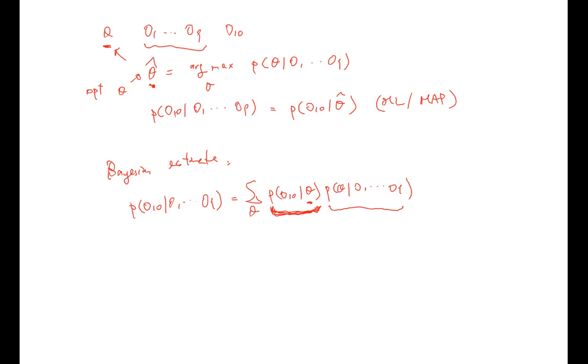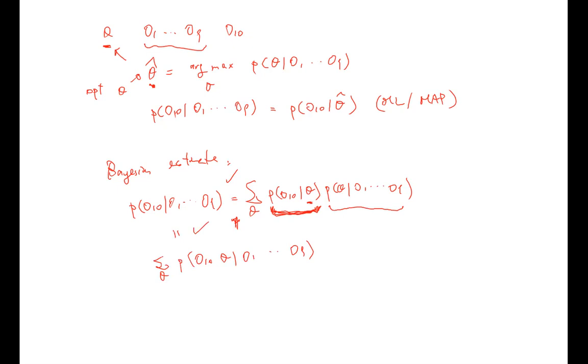The nice thing about the Bayesian estimate is that this is the reasonable way to do things, right? This is not an approximation, this is exact, because it is Bayes rule. Let me write it another way: this is equal to the sum over theta of P of theta, O10 given O1 up to O9. This is always true because of marginalization, right? I insert theta and marginalize it.